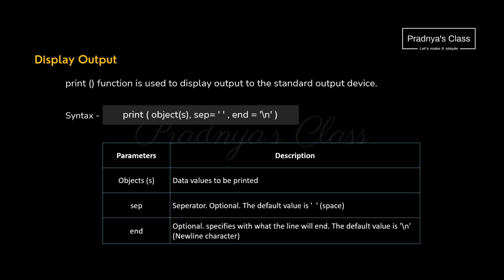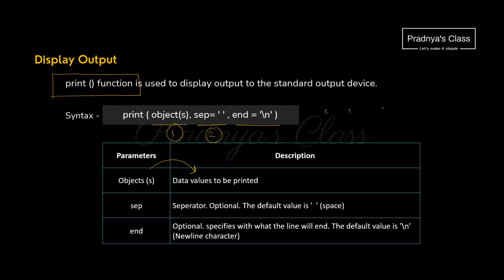Now let's try to understand how to display the output. We have used print functions, right? But what's the use of it? To display the output. The print statement actually takes 3 parameters. The first is objects. This can be messages or variables. The second parameter is a separator.